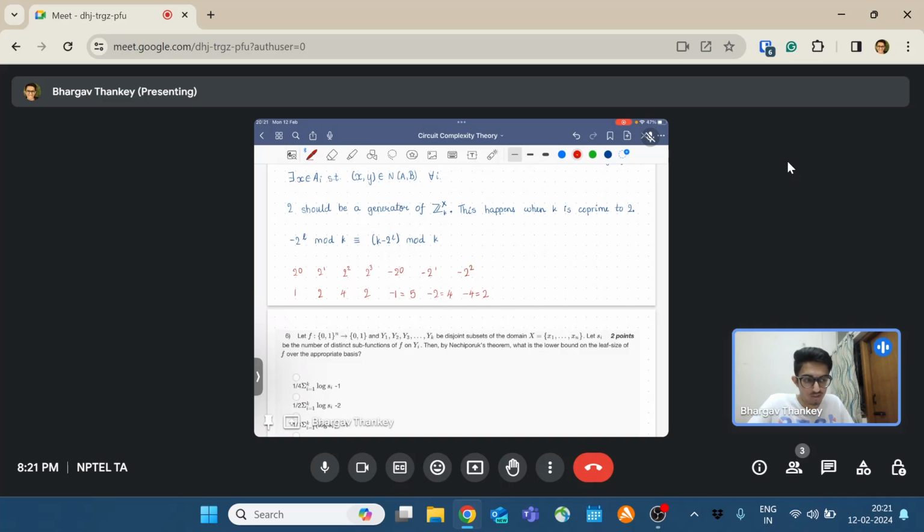It can generate Z cross K when the size of the group generated by 2 is K minus 1, right? Okay. Now let L be the LCM of 2 and K. Then my claim is the size of the group generated by 2 is L minus 1.